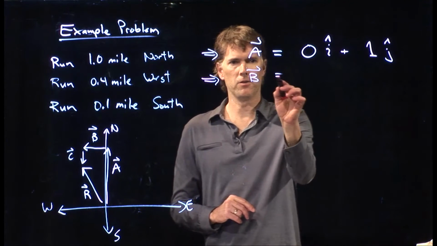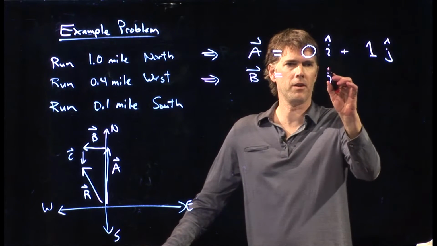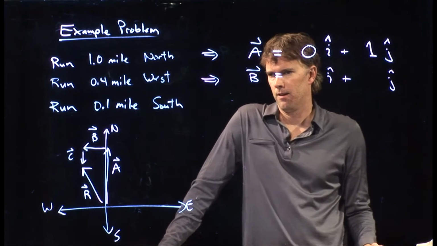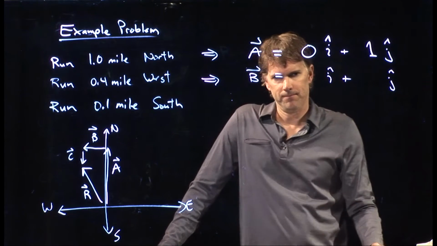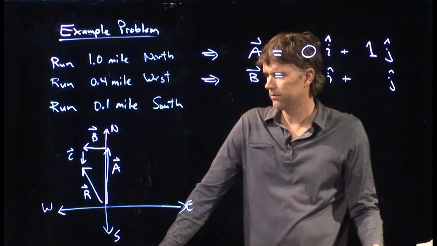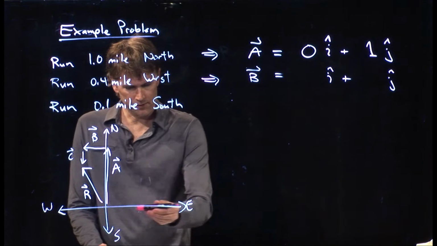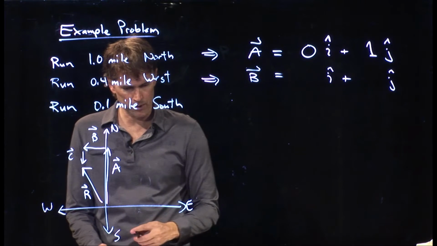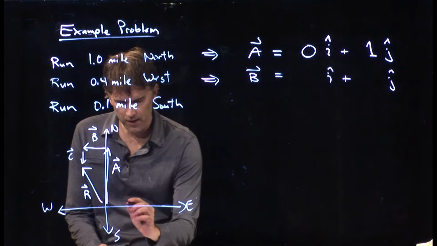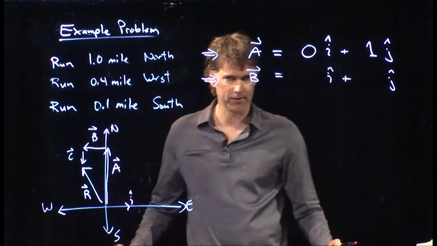The second vector, B, is going to be what? Well, we've got something in front of the I hat. We have something in front of the j hat. What do you think? Yeah? I'm confused as to where the 0 came from? Okay. Good question. So this east axis is what we're going to say is our typical x-axis, which means that I hat points along that axis.